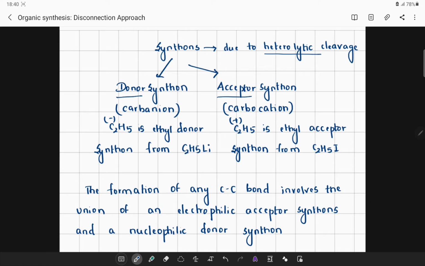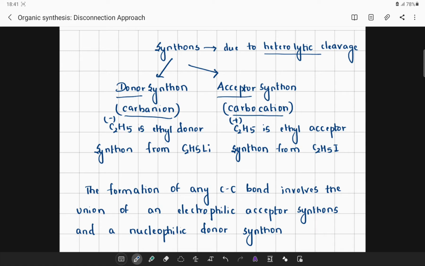When I say a donor synthon, it is formed because of the presence of a carbanion species, and when we say acceptor synthon, it is a carbocation species. When we say carbanion species, that means carbon will carry a negative charge. Carbocation species, carbon will carry a positive charge.